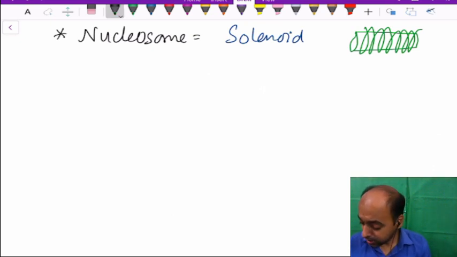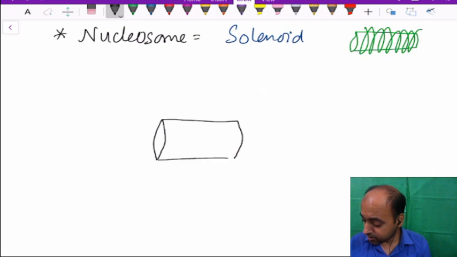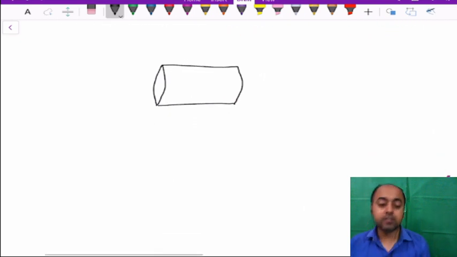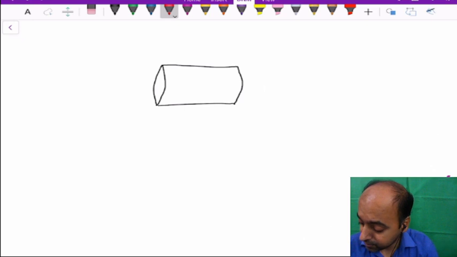Coming to the DNA, a similar structure is there. We have a central cylinder-like structure around which the DNA is wrapped.